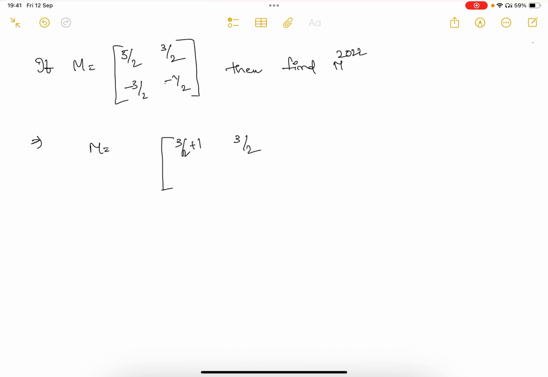And what about minus 3 by 2? It's just a factor of minus 1, right? Then 3 by 2 and 1, right? Then this will be minus 3 plus 2 by 2. Minus 3 plus 2 will be minus 1 by 2. Fine.